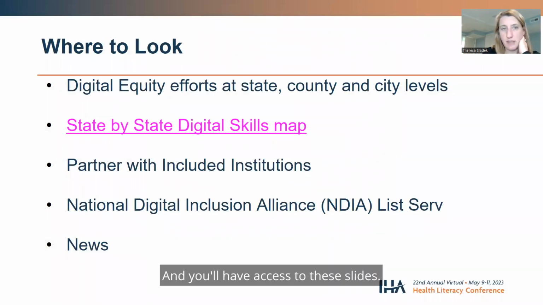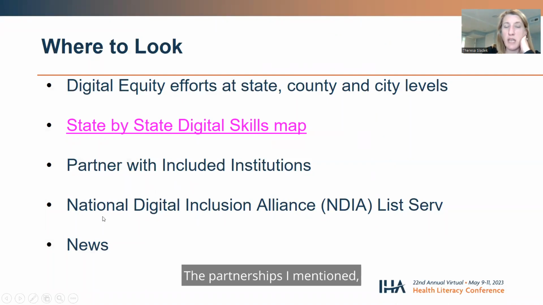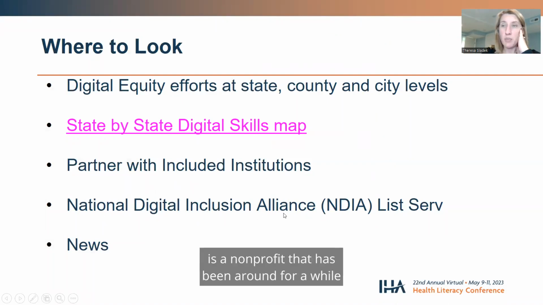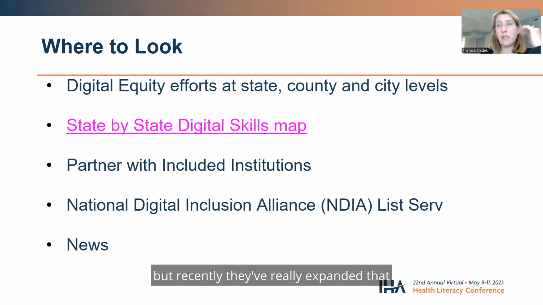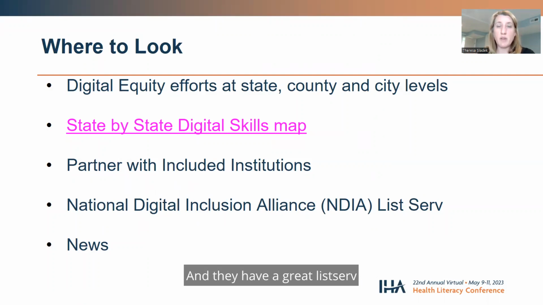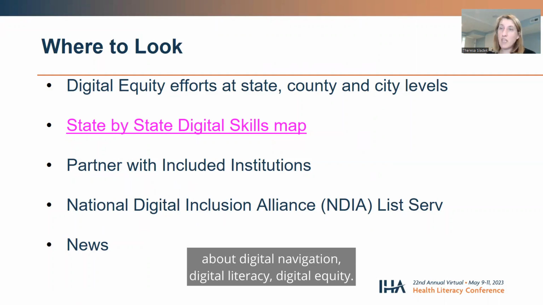And you'll have access to these slides. The partnerships I mentioned: the National Digital Inclusion Alliance is a nonprofit that has been around for a while, and in the past it mostly advocated for broadband access, but recently they've really expanded that to include all parts of digital equity. They have a great listserv where there are a lot of nationally enthusiastic people about digital navigation, digital literacy, digital equity.